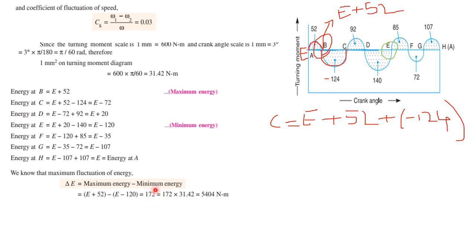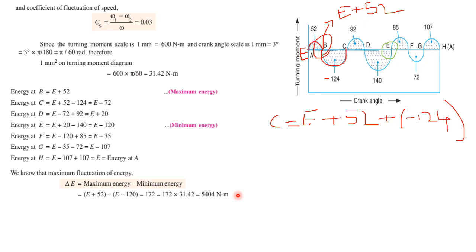Previously we found that 1 mm square is equal to 31.42 Newton meter. Therefore, multiplying 172 by 31.42 gives 5404 Newton meter. So the maximum fluctuation of energy is equal to 5404 Newton meter.